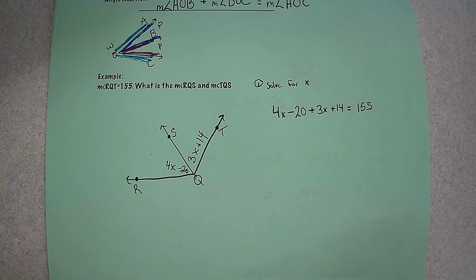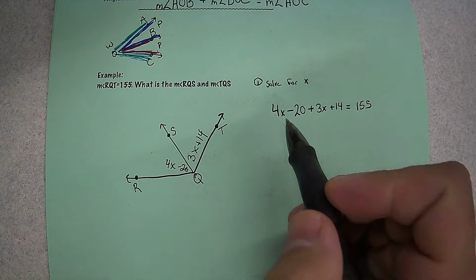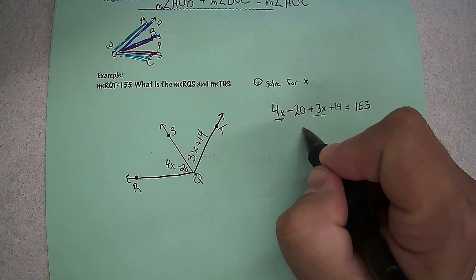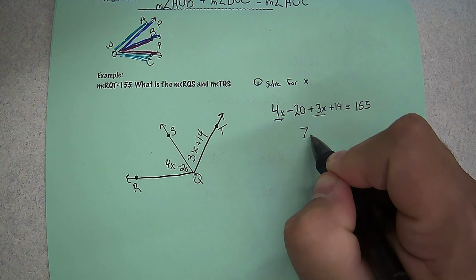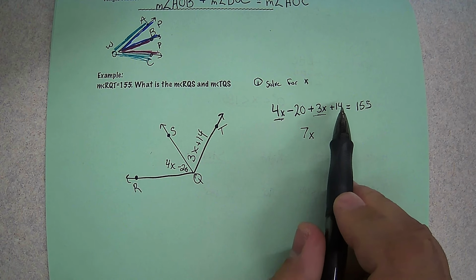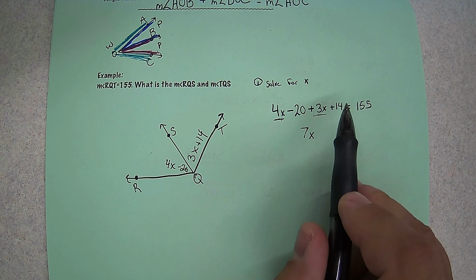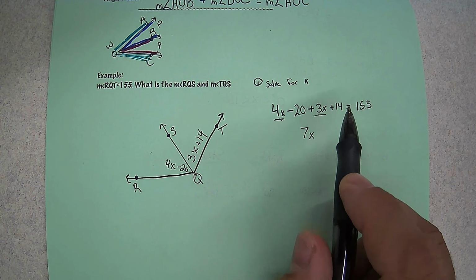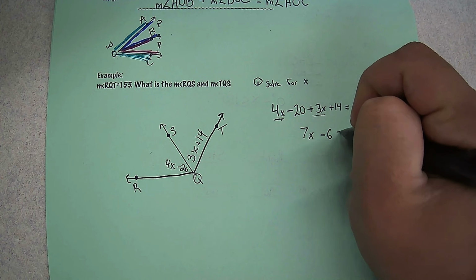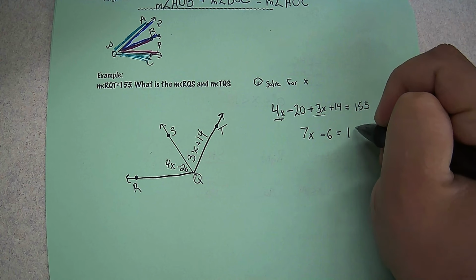So now we combine like terms and solve for x. I have a 4x and a 3x. They're both on the same side, so 4 plus 3 is 7x. And then a negative 20 plus 14 is going to be a negative 6 equals our 155.